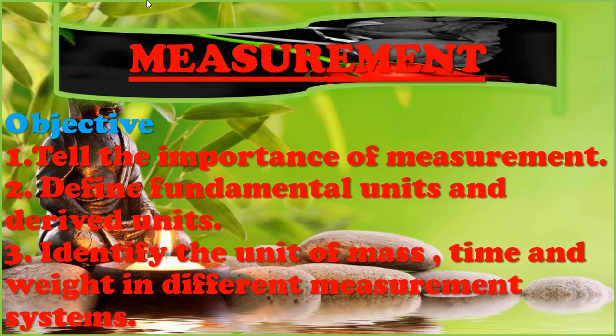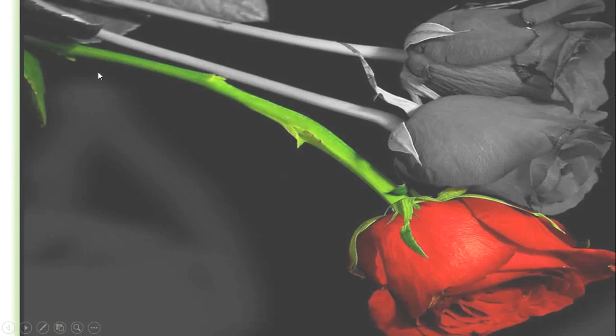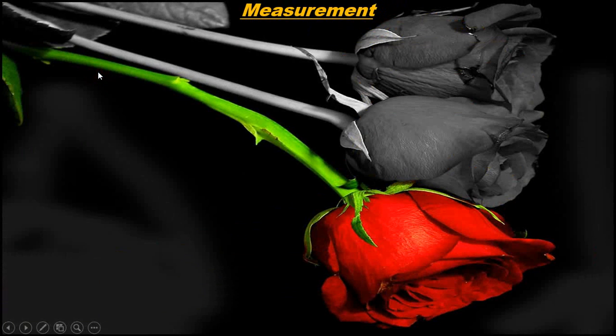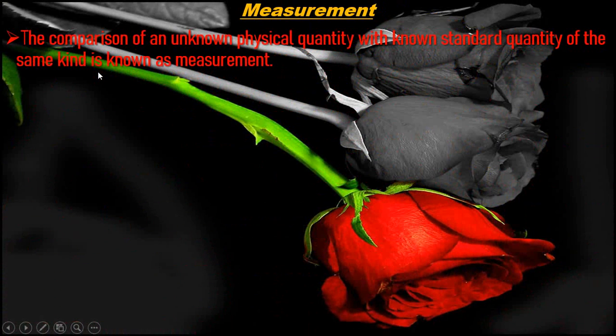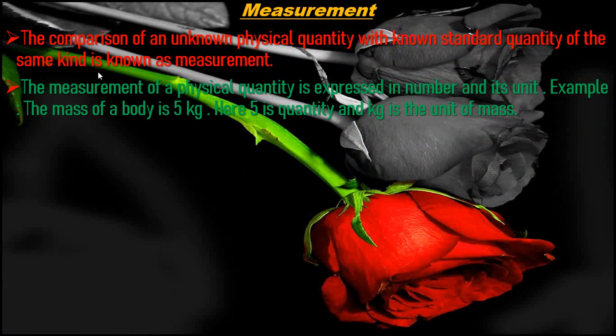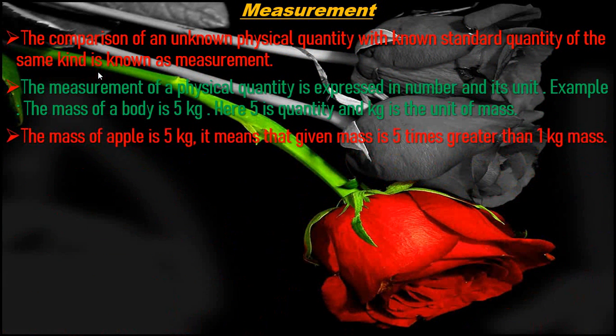So let's start to discuss these objectives. First we will discuss measurement, and we are all familiar with this chapter because we have also read this measurement chapter in class 6 and 7.